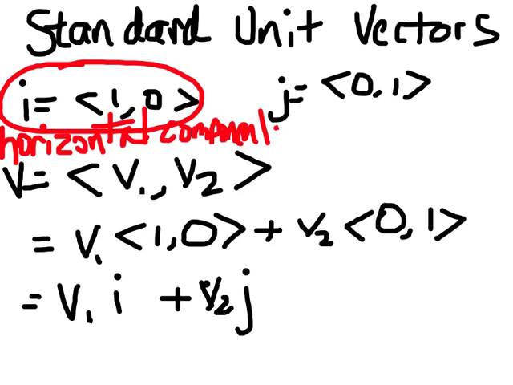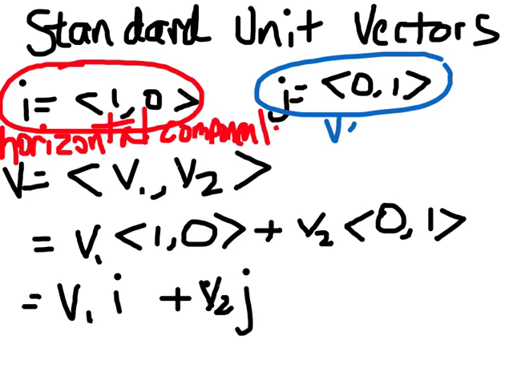So we would call this our horizontal component, but think of it as kind of like the x term. And then our y term can be written this way. If you notice in this one, it's the y component that's 1 and the x is 0. Over here, the x was 1 and the y was 0. So this is our vertical component. It goes up and down like the y-axis goes up and down.